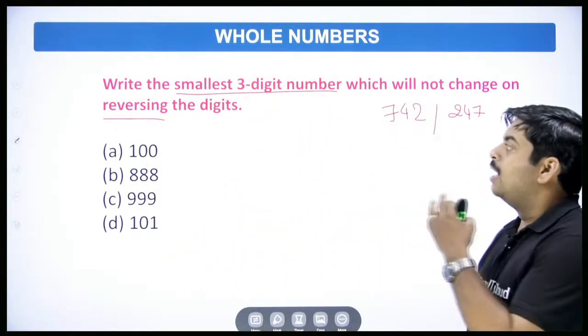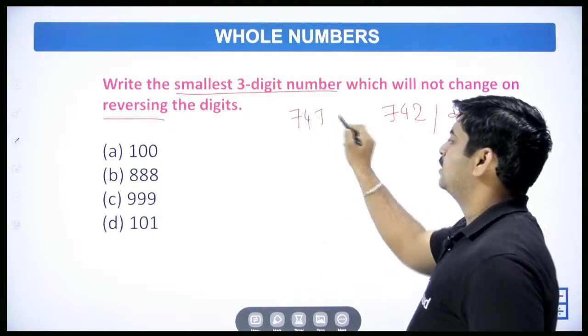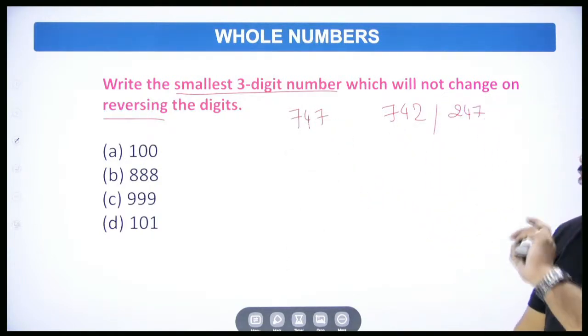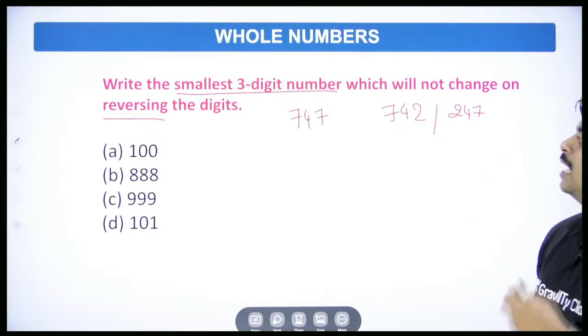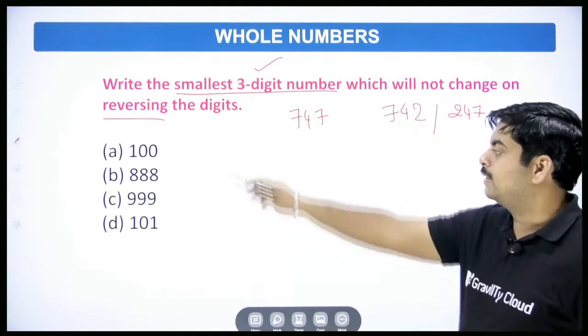Here you can see we will have a lot of numbers like this. For example, 747 is again a number which does not change when we interchange the digits. But the question is, what is the smallest 3-digit number? Let's go with 100.